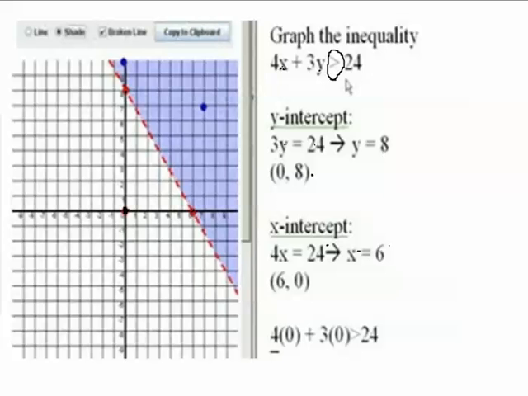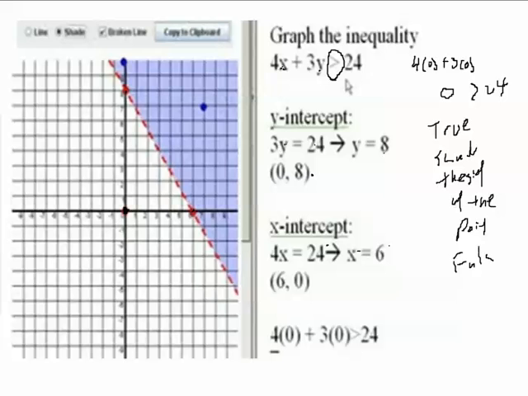So if I come up here to the equation and put a 0 in for x, I get 4 times 0 plus 3 times 0. Well, that's 0. Is 0 greater than 24? Is that a true or a false statement? This is the key thing. True, shade the side of the point.